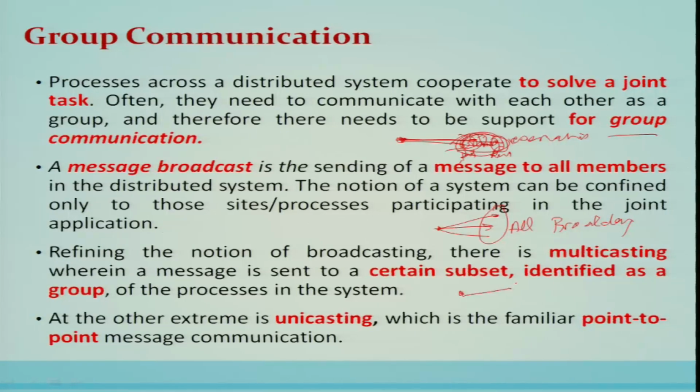If sending the message not to all but to a subset or to a group, then it is basically called multicasting. Now if sending the message to another single node, then it is point-to-point communication, and it is called unicasting.